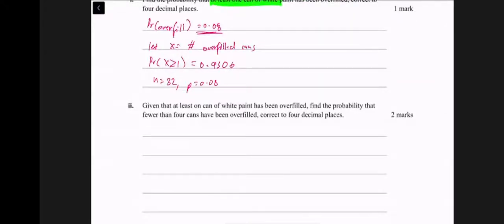So given that at least one can has been overfilled, so we have a conditional probability here, find the probability that fewer than 4 have been overfilled. So fewer than 4, just be careful that's not including 4. So the probability version of this would be the probability that x is less than 4, given that x is greater than or equal to 1.